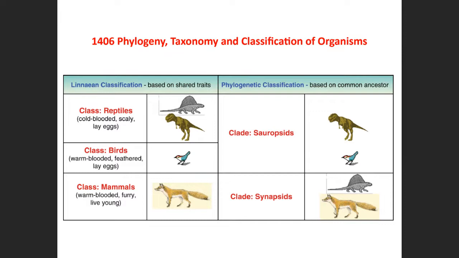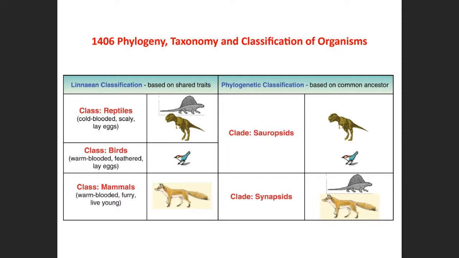Taxonomy is how we put things in order and name them. Classification is the techniques that we use to put these things in these different groups. And phylogeny is how everything on the planet is related to everything else, right?